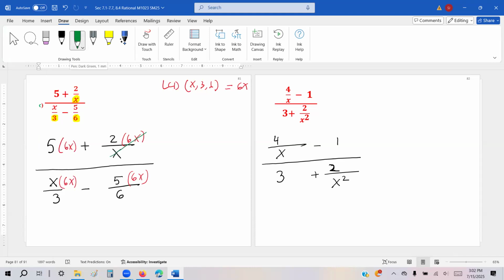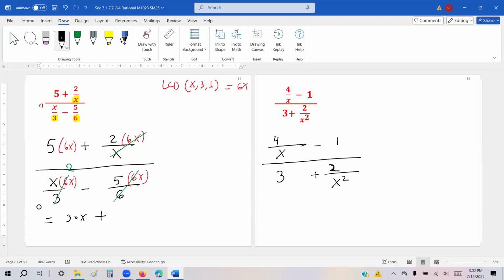This x disappears. 3 and 6 cancel with one another, and they're left with 2. 6 and 6 cancel and tie. So what is left? 5 and 6x gives us 30x.